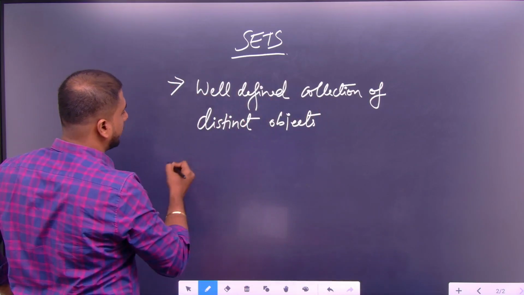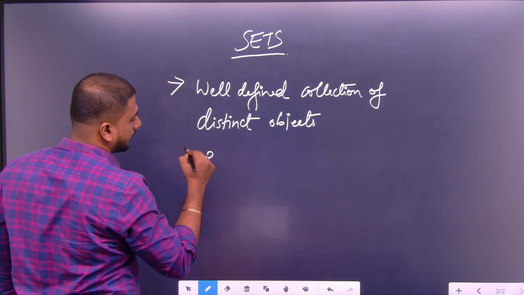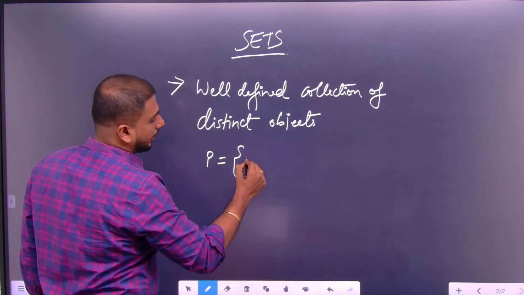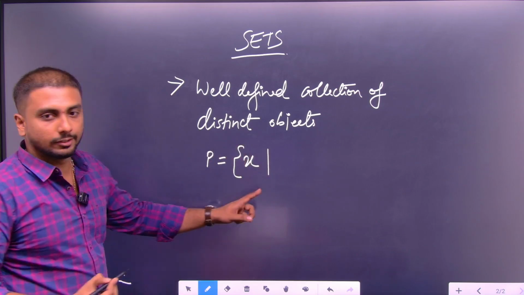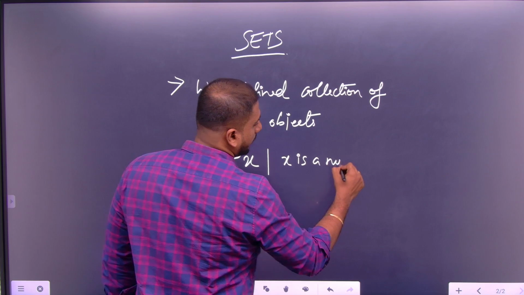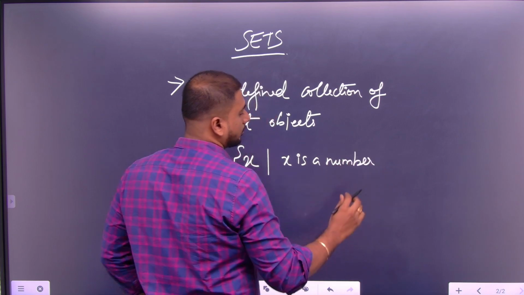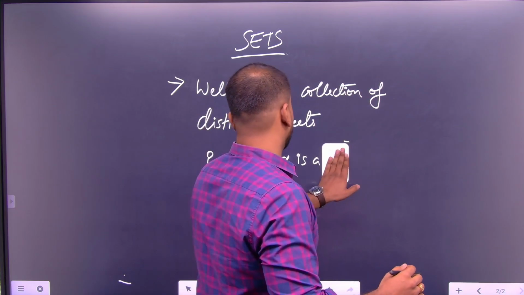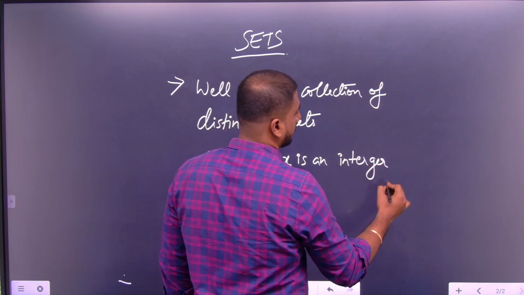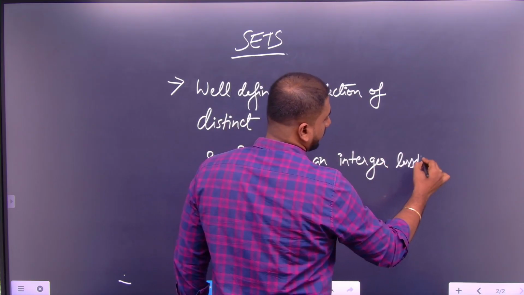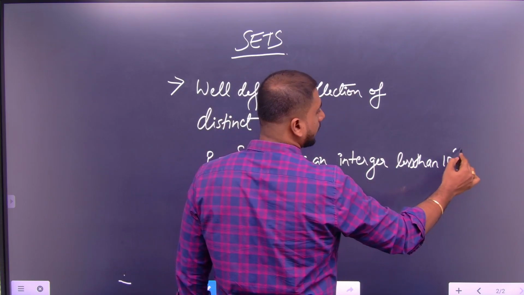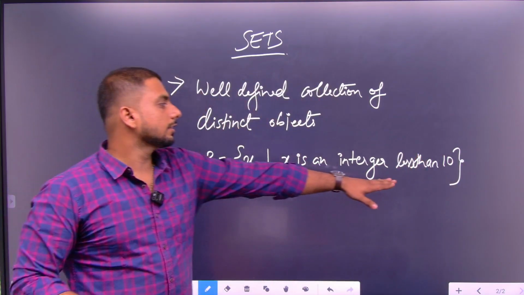Some builder form examples will go like, let's say there is some set P such that, P of variable x such that, this line means such that, x is an integer less than 10.